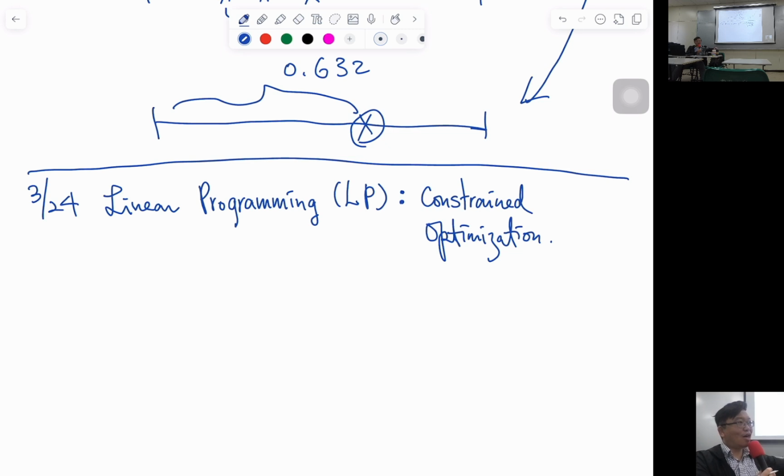Because in unconstrained optimization, we don't need to worry about some other functions. We just worry about the objective function. And the entire design space is there for us to explore. The algorithm will choose its own way to find the proper solution.